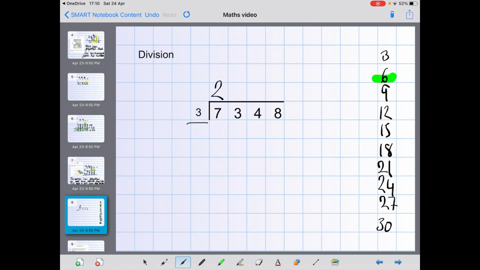Now 2 times 3 will give us 6, so we then need to figure out how many we have left over. To get from 6 to 7, we have 1 remainder. So we would need to carry our 1 over into our next column. How many 3's go into 13? Again, we would tell the children to find the number in the 3 times table which is closest to 13 without being more.